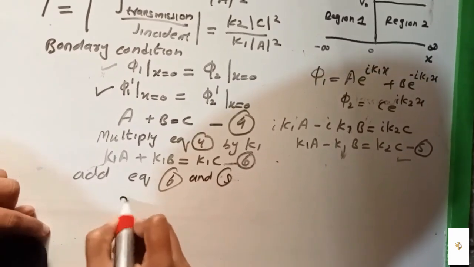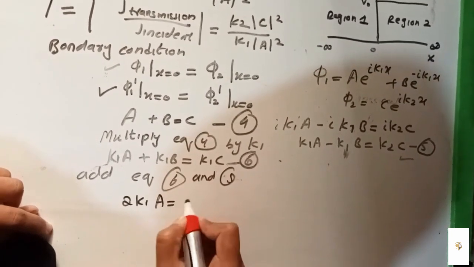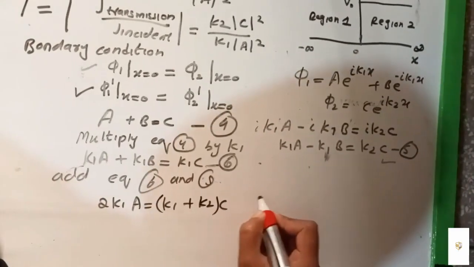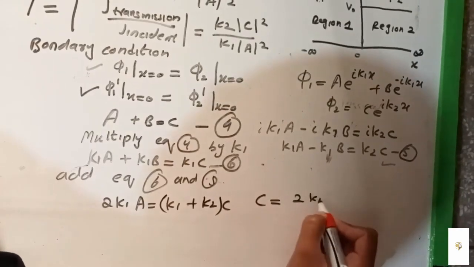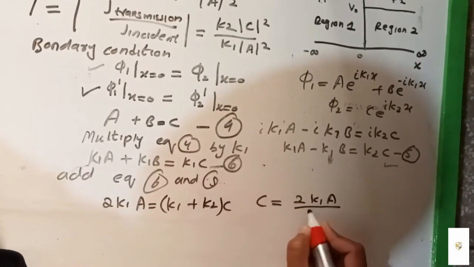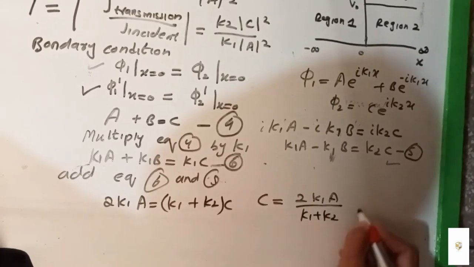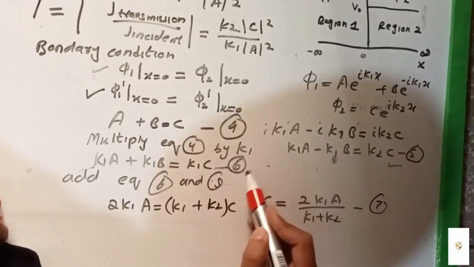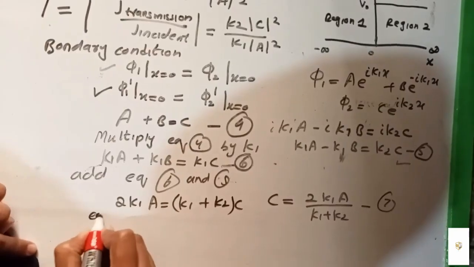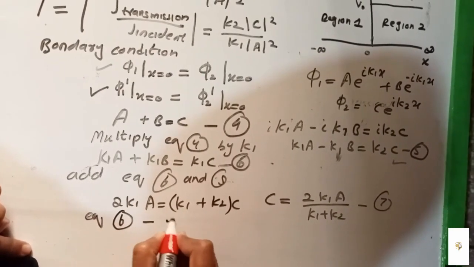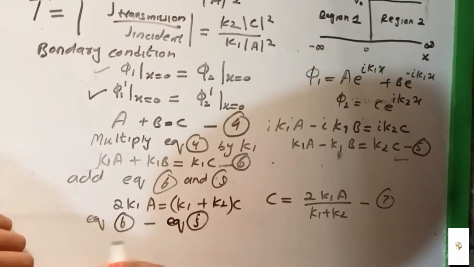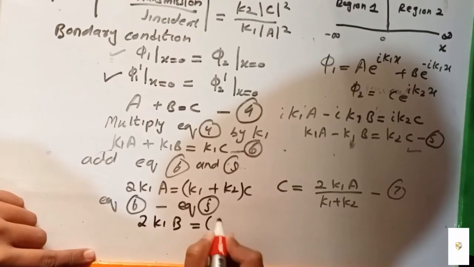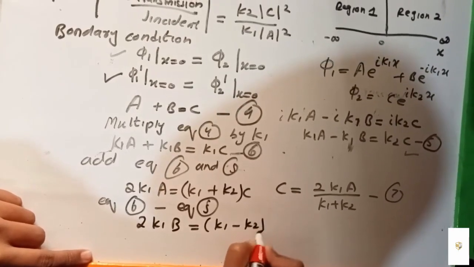It gives us 2k1a is equal to k1 plus k2 c, and c is equal to 2k1a over k1 plus k2, which is equation 7. Now subtract equation 5 and equation 6. It gives us 2k1b is equal to k1 minus k2 c.